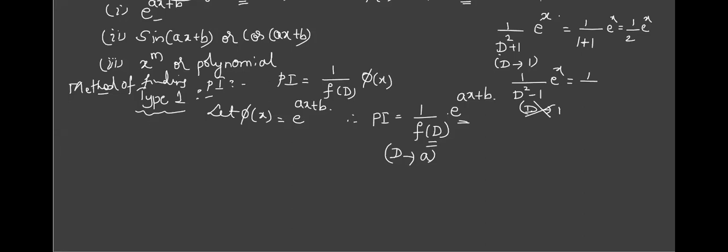Now what to do if it is not to be replaced? I'll explain in the general format. Are you getting the point? There will be two cases. When you do the replacement, it may not be 0. If not 0, replace, and that is the answer, with no further simplification. If it is becoming 0, I'll write it in the general format. Here we replace D by a, the coefficient of x.